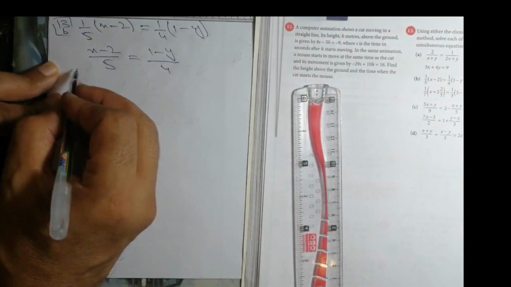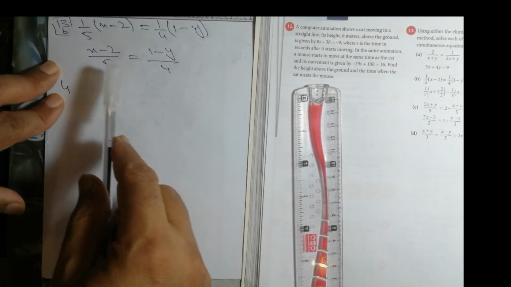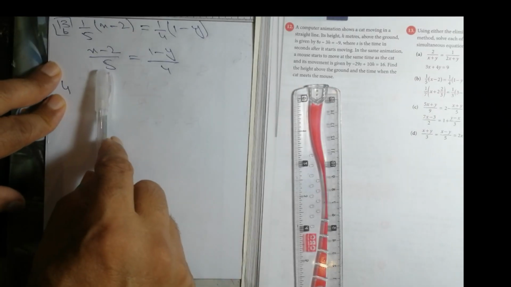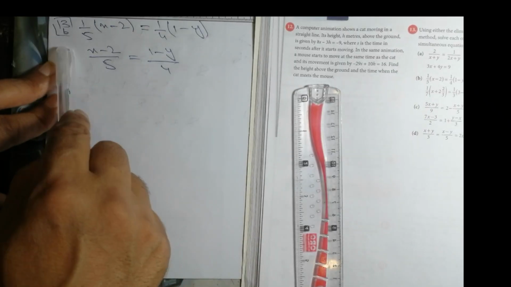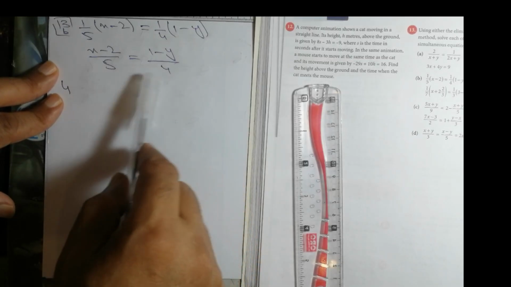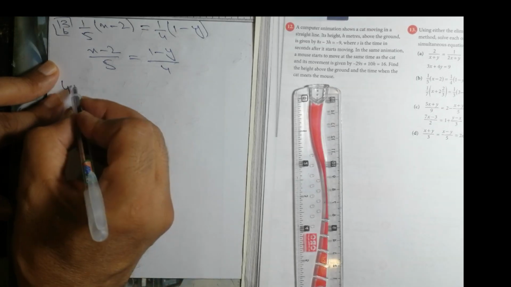So we will cross multiply, or even we can multiply both sides with the LCM. LCM of these two terms is 20. We can multiply by 20 on this side as well as this one, or we can cross multiply as I'm doing here. Whatever you like, you can adopt that one.